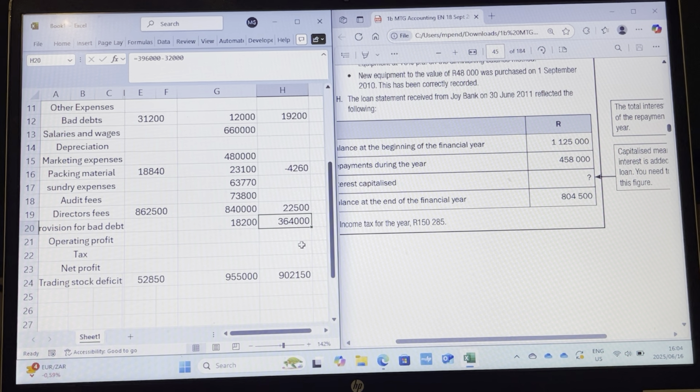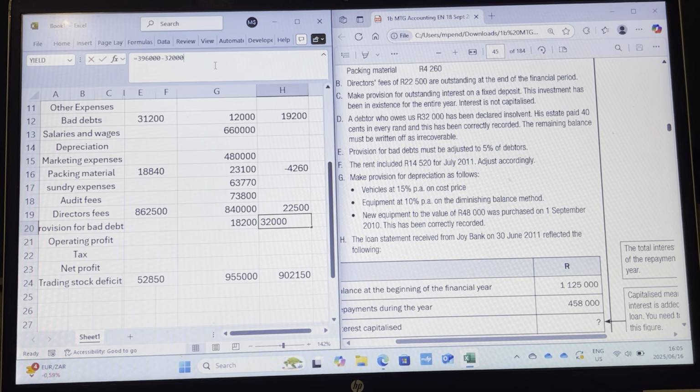Now, if your thought was that what we just did is incorrect, then you are correct, because not 100% of the debt actually went bad. So in essence, we are supposed to have subtracted the portion that went bad, and he has paid 40%. So it means 60% of this debt actually went bad.